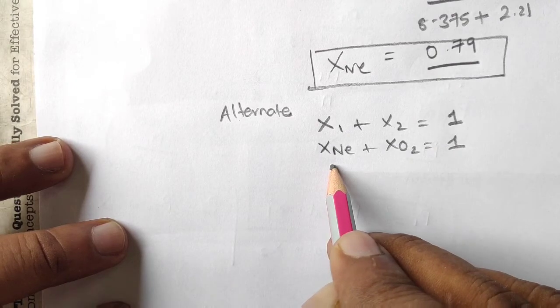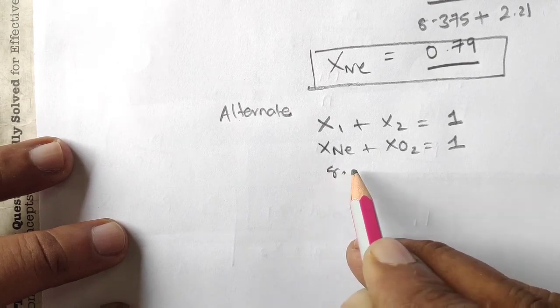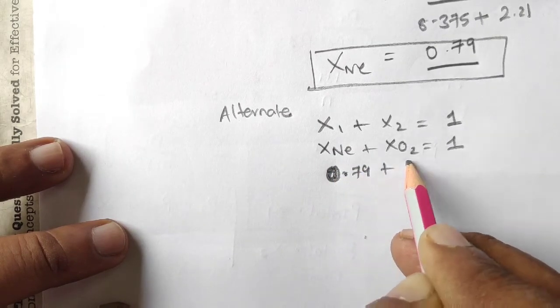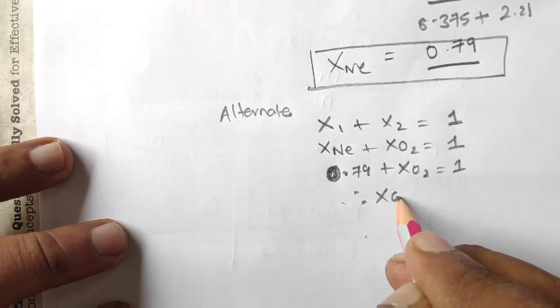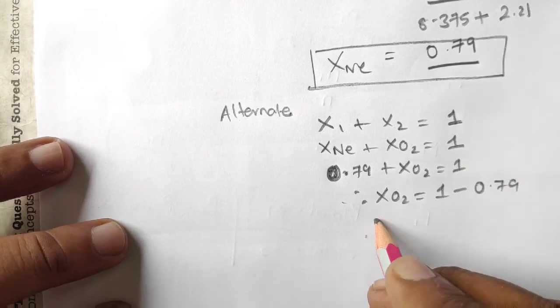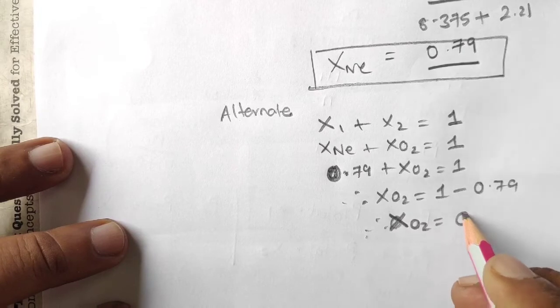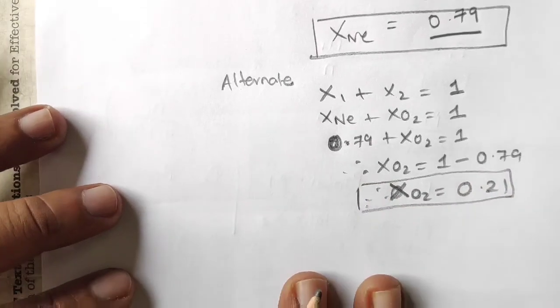So suppose you find the mole fraction of neon. We found it to be 0.79, right? Plus the mole fraction of O2 is equal to 1. Therefore the mole fraction of O2 is equal to 1 minus 0.79, which is 0.21. So this is the alternative method you can use.